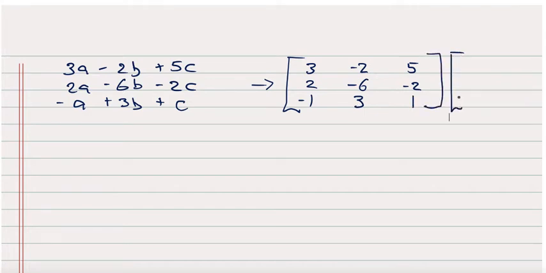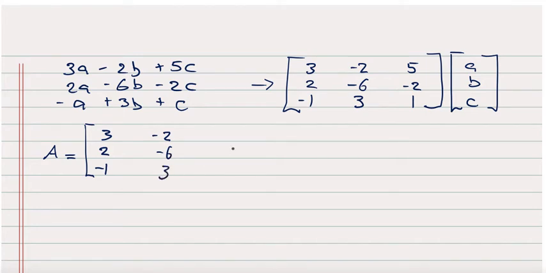And these are A, B, and C. Alright, so to do the determinant, this matrix A is equal to 3, 2, negative 1, negative 6, 3, 5, negative 2, and 1.